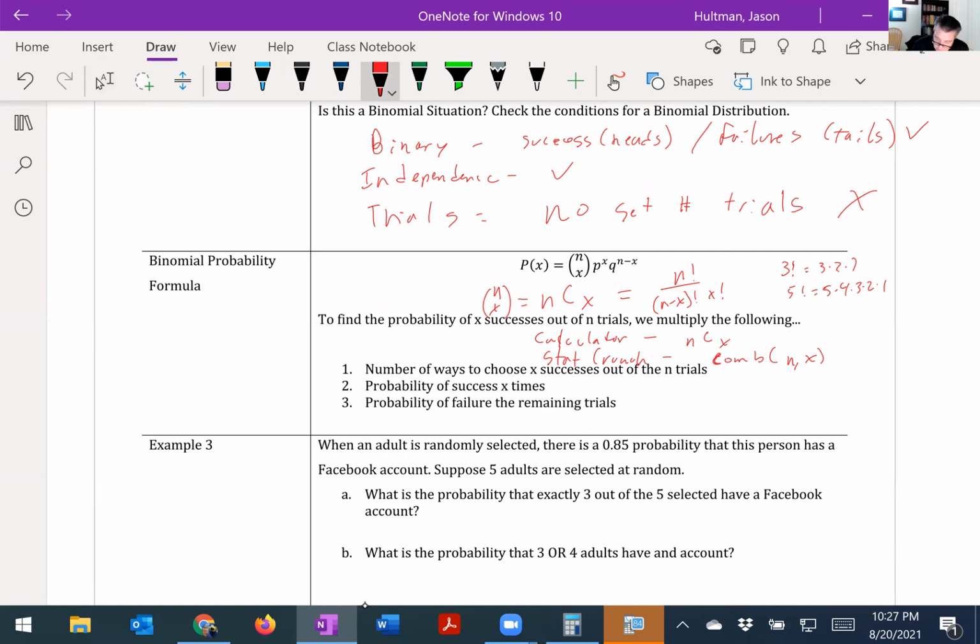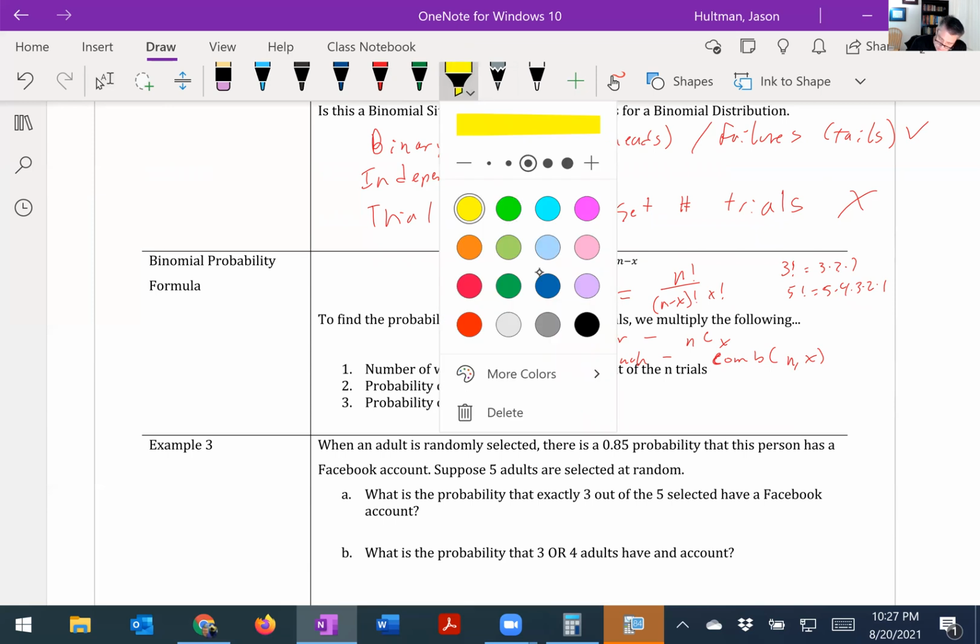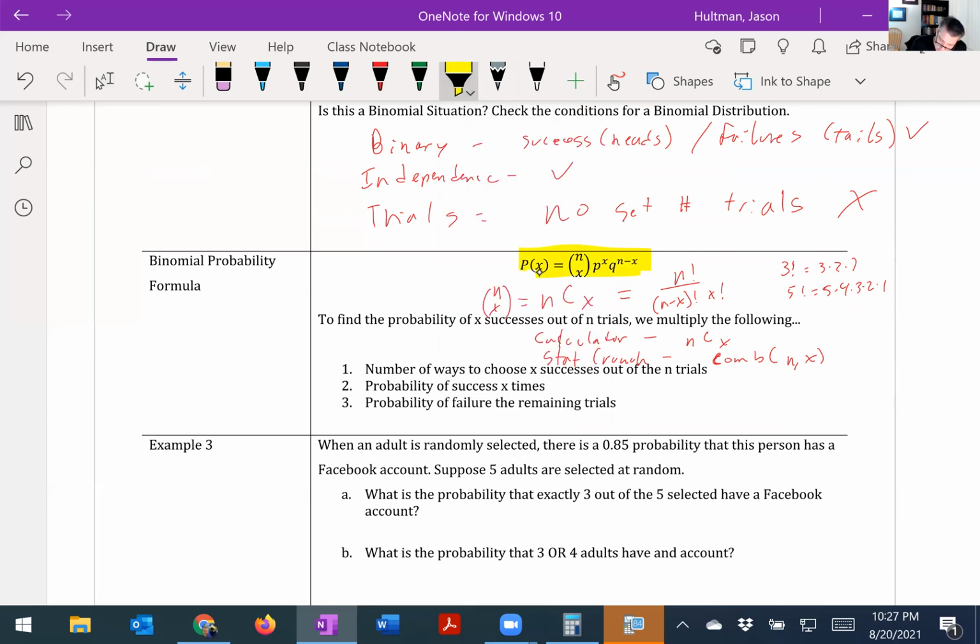So let's do an example to try to make sense of this formula. Let's highlight this. How do we get that in our calculator or in StatCrunch?